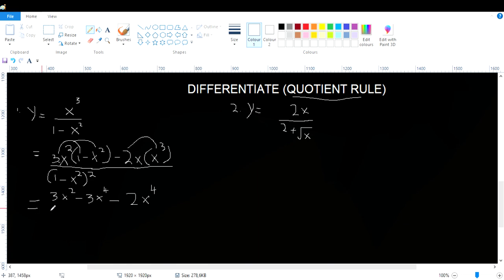All divided by (1 minus x squared), all in brackets, to the power 2. Then here we have like terms, so let's add these two like terms.